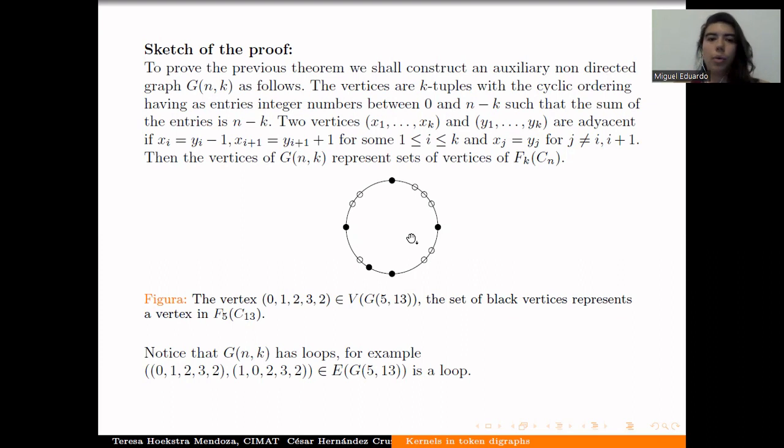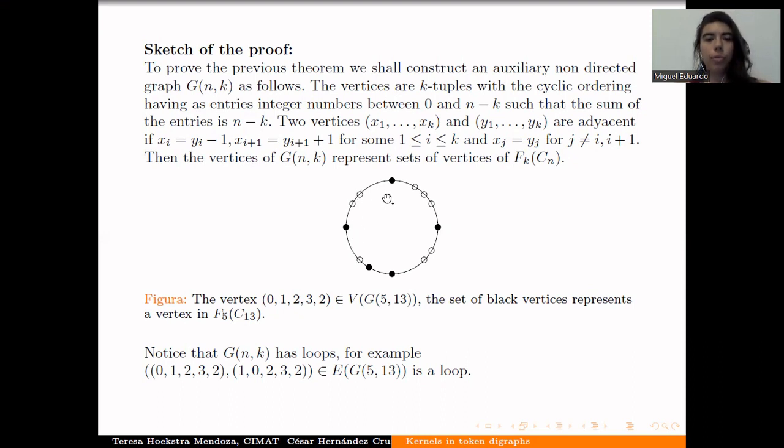And how am I doing this? Well, the tuple is defined as follows. We take a look at the black vertices, and we count the number of white vertices that are between the black vertices. So for example, between these two black vertices, I have 0 white vertices. Between this and the following, I have 1 vertex.